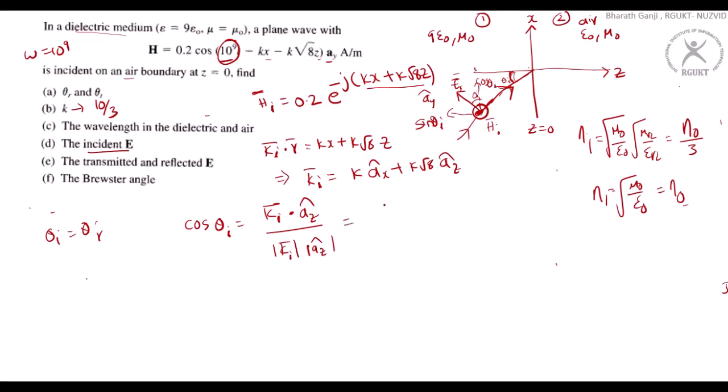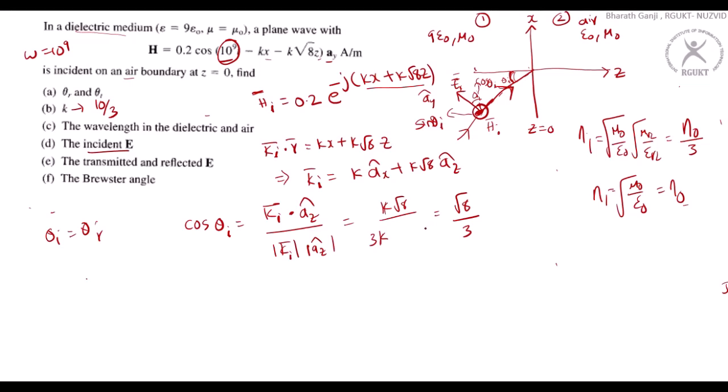If I do that, I get k root 8 divided by the magnitude, which is 3k. So k cancels out, and it gives you root 8 divided by 3. That is cos theta I.